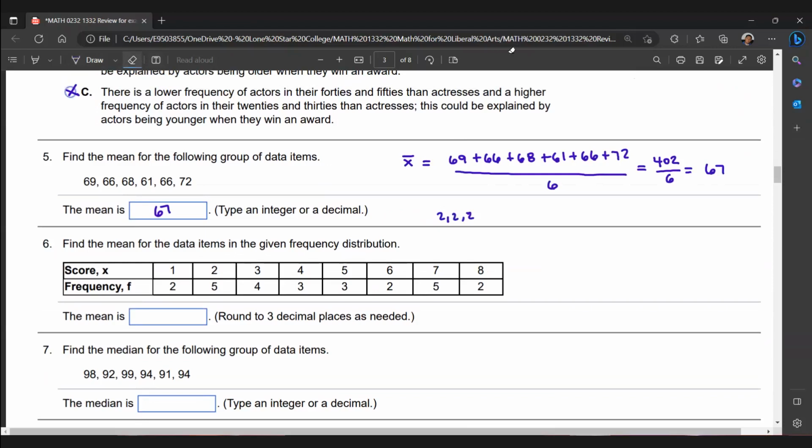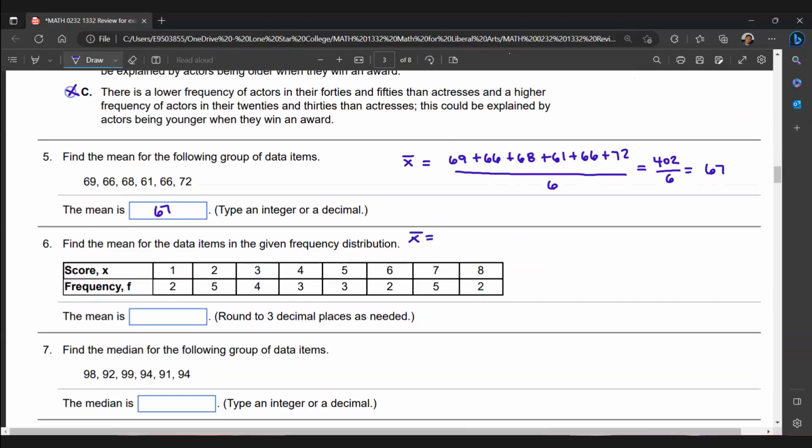Okay, so let's see if I can find the average, okay? So we know that there is 2 ones, so the mean will be equal to, I think I need a little bit more room, so let me do that here.